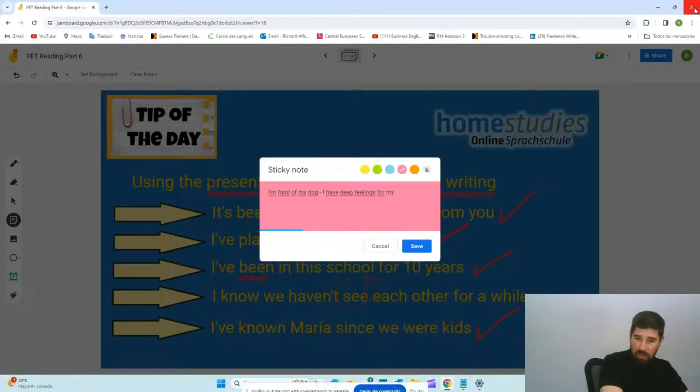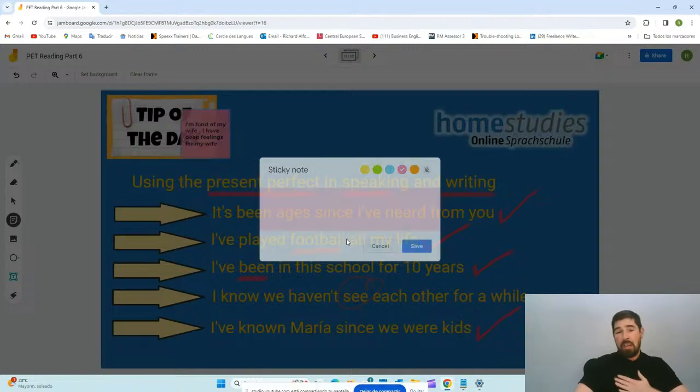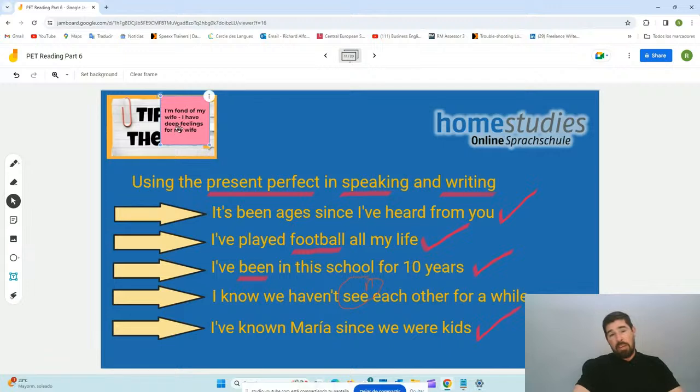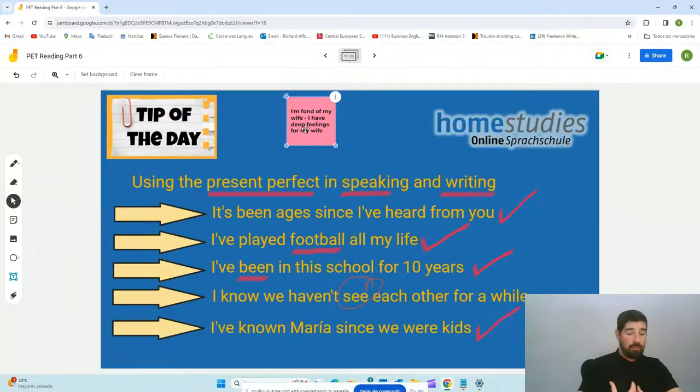I better change that. I better start with my wife first, okay? She's the number one priority. So, I'm fond of my wife. I have deep feelings for my wife. So fond of is a nice expression to say when you have strong or deep feelings for someone. Yes, wife first, Louise, you're right. I don't think she's listening, so I think I'm okay.